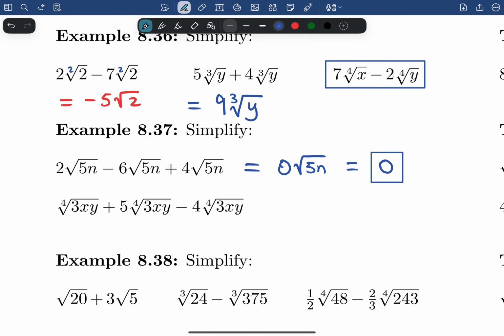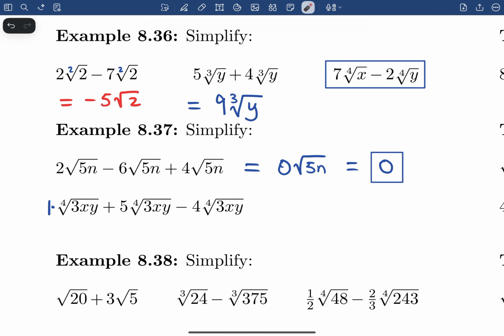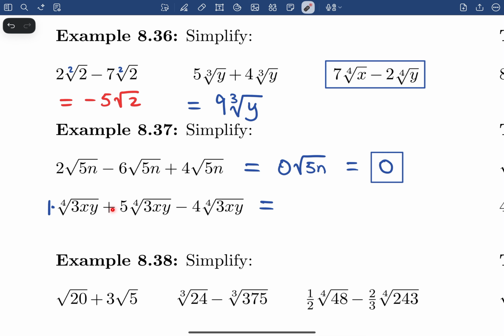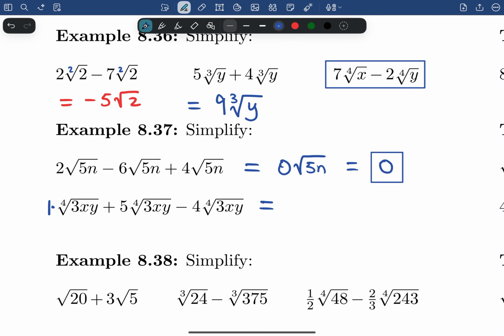So I'll make this invisible one visible. This is the fourth root of 3xy. This is one of them. So I'll put the coefficient 1 in front, so it'll help you see that I'm taking 1 plus 5, which is 6, minus 4, which is 2, and I get the coefficient of 2 multiplied in front of the fourth root of 3 times x times y, and that's the answer. I have combined like radicals.